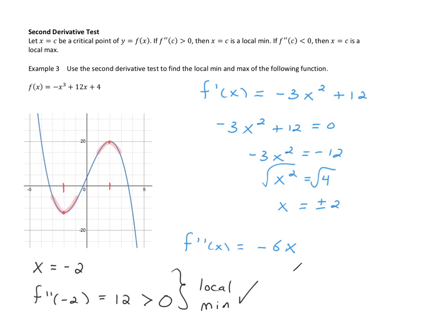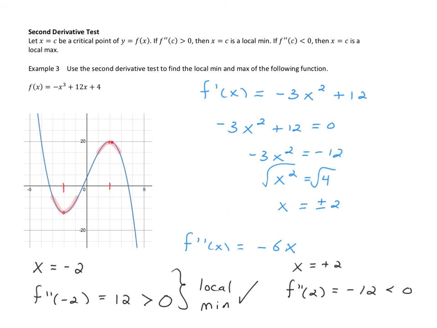Likewise, what about x is equal to positive 2? Is that a local max or a local min? What you do is you test it by putting that into the second derivative. When you do, you're putting positive 2 into the second derivative. Negative 6 times positive 2 is negative 12. That's a negative number. Okay, that means your function is concave down.